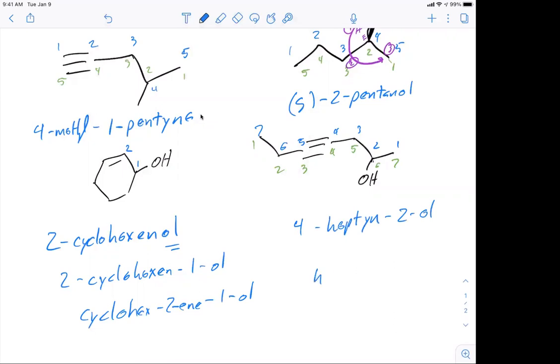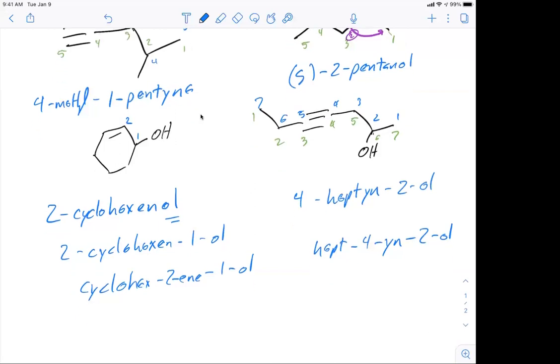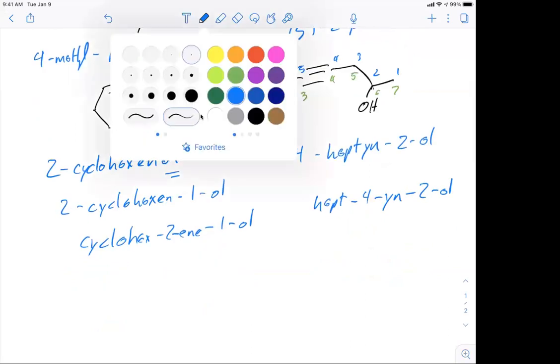I could also do the hyphens, but this would usually be reserved for something that has lots of different substituents. So 4-hepten-2-ol is going to be the preferred name. The hept-4-en-2-ol would be if you had a lot more substituents that made it more complex. So a little bit of nomenclature is going to be on the test.